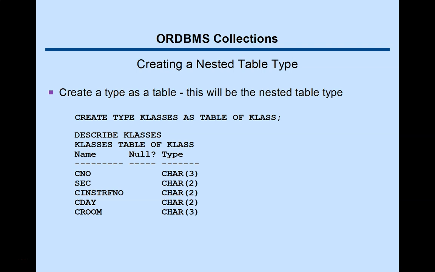So we've seen this idea pretty much already when we created an object table. However, what we want to note here is we're not creating an object table. We're creating a type of objects. So classes, in this case, is a nested table type. It doesn't allocate storage. It's just metadata at this point that describes the structure.